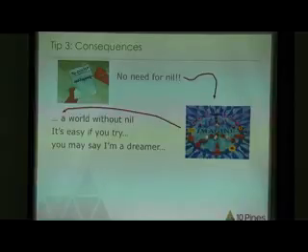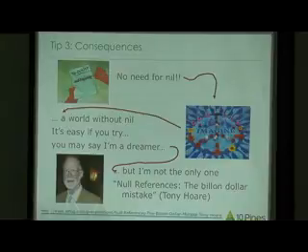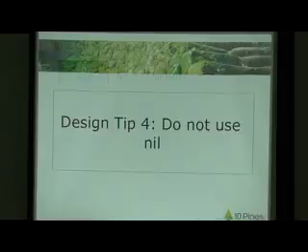There is a talk by Tony Hoare about how bad null is, and he's the one that invented the concept in Algol 60. So it's a very interesting talk. So design tip 4: do not use nil.